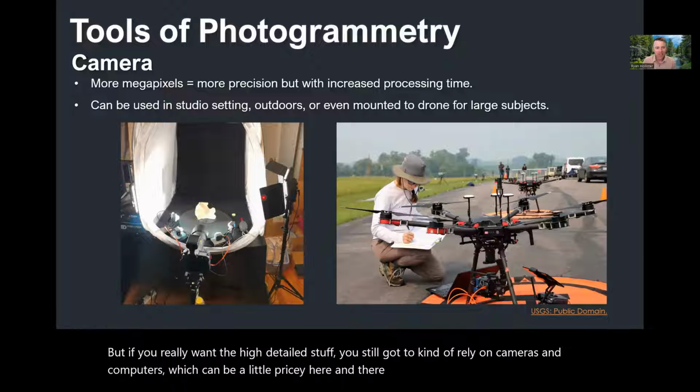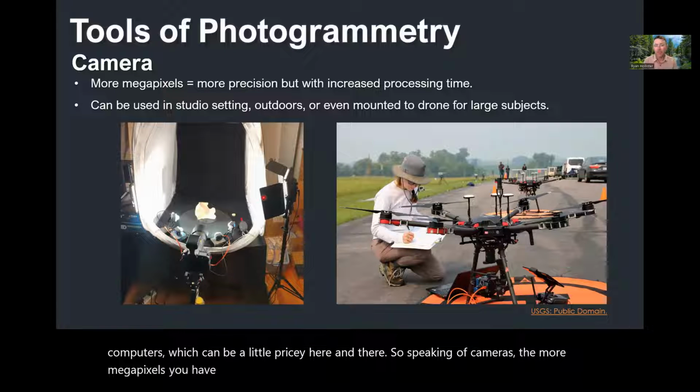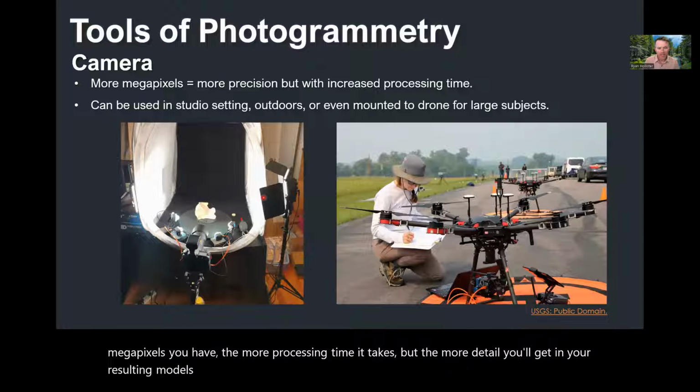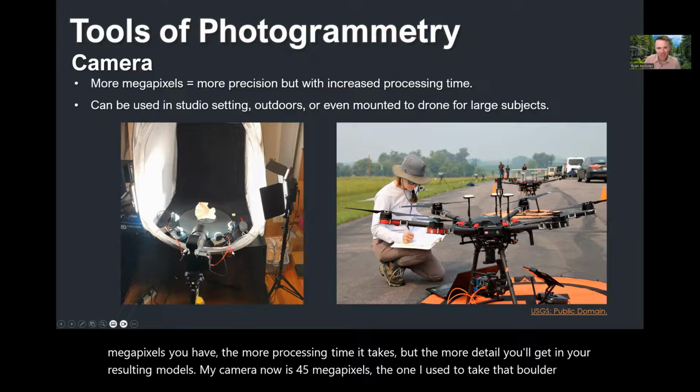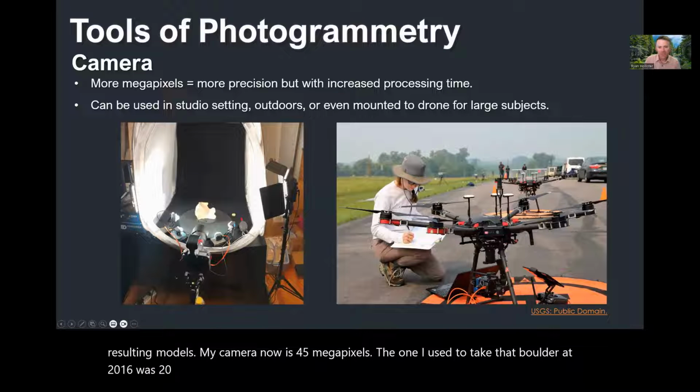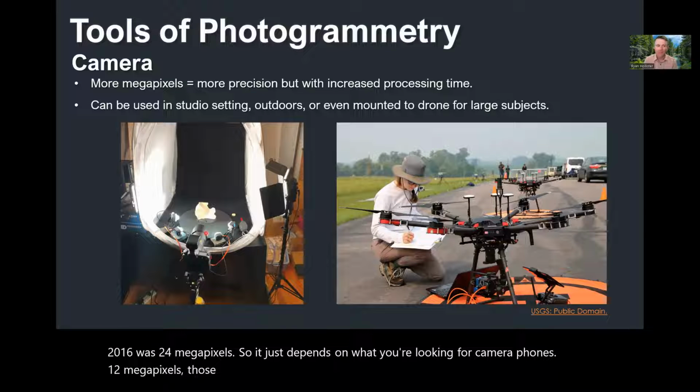So speaking of cameras, the more megapixels you have, the more processing time it takes, but the more detail you'll get in your resulting models. My camera now is 45 megapixels. The one I used to take that boulder in 2016 was 24 megapixels. So it just depends on what you're looking for. Camera phones, 12 megapixels, those work pretty doggone well too.